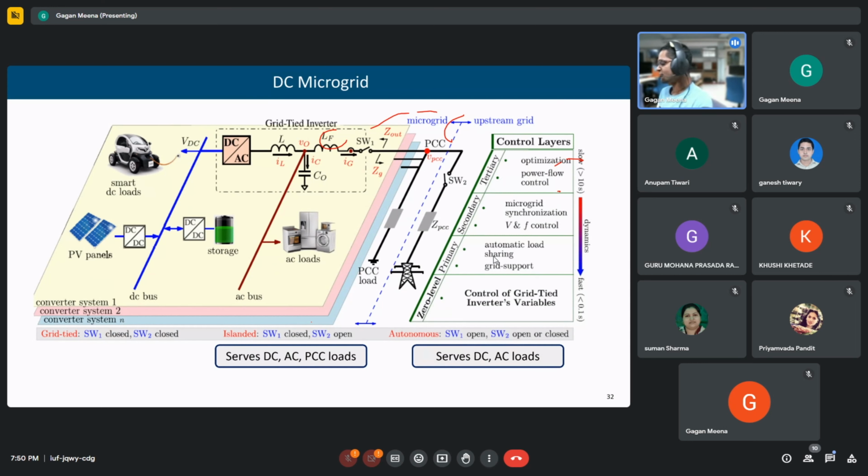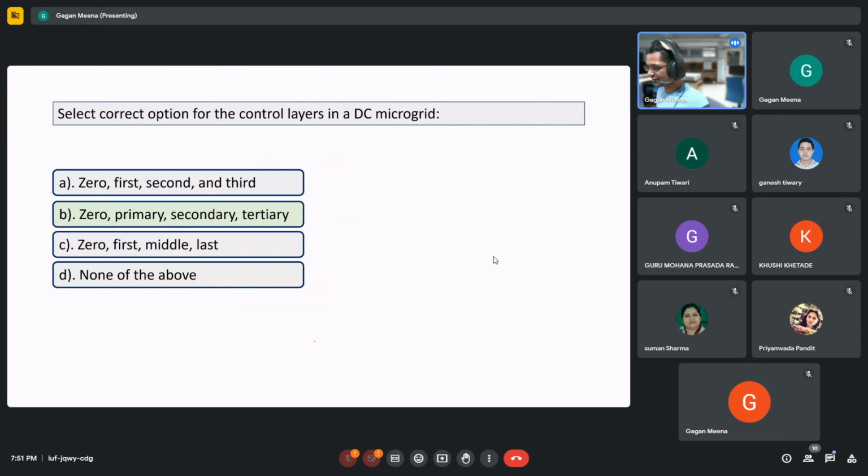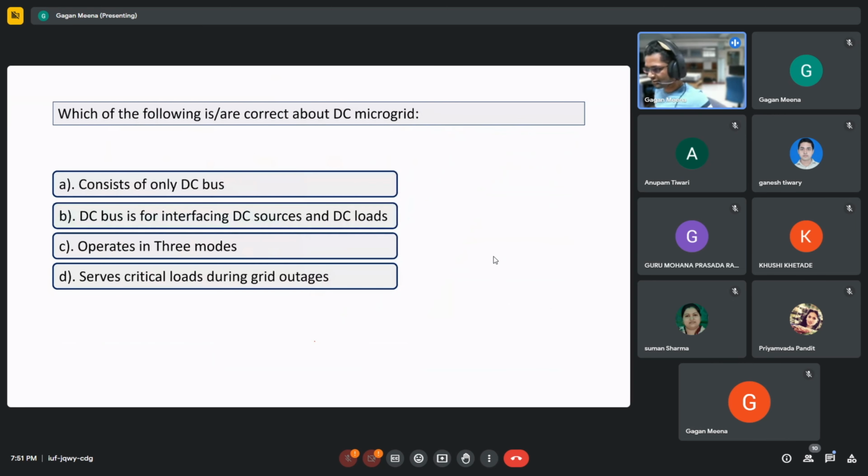If it is not able to control that disturbance, then primary will take care. If primary is also not able to fully control that disturbance, then secondary will come into action. Even if secondary is not able to bring the system back to normal, then tertiary will operate. So this is a hierarchy here also.